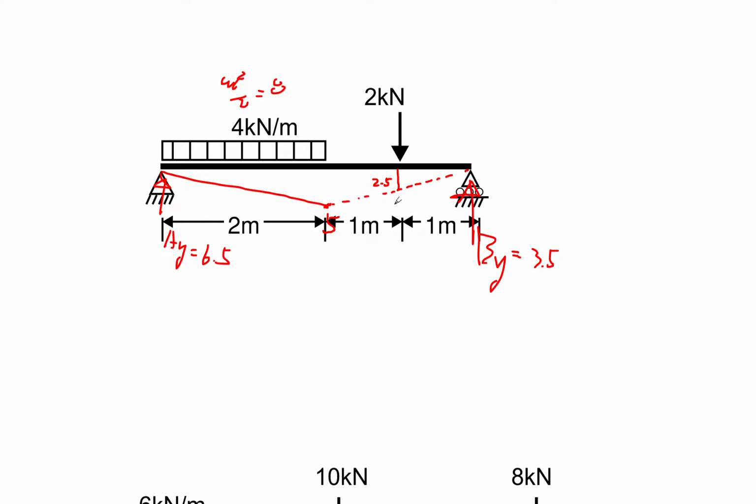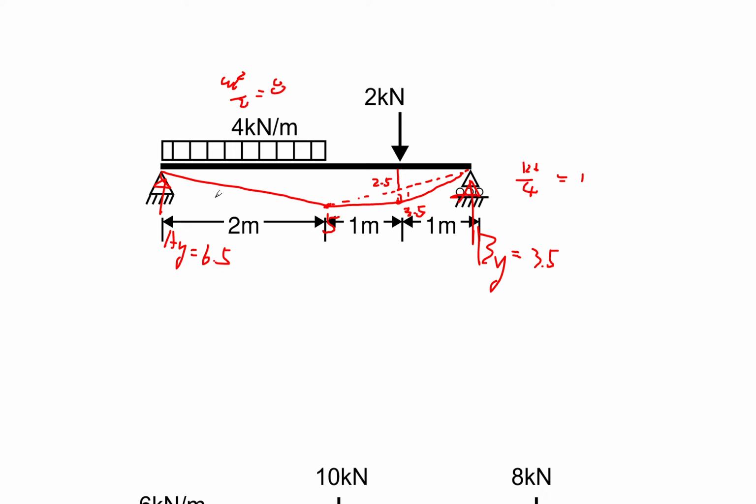It should be lower than that. So this portion here is PL over 4: 4 times 2 divided by 4, that's 1. This bit of distance is 1. So the overall moment, 2.5 plus 1, is 3.5.